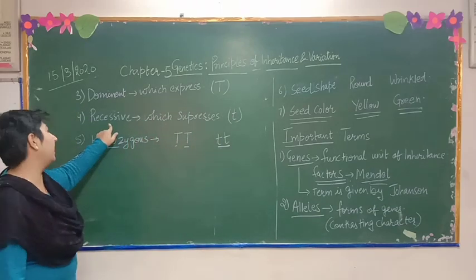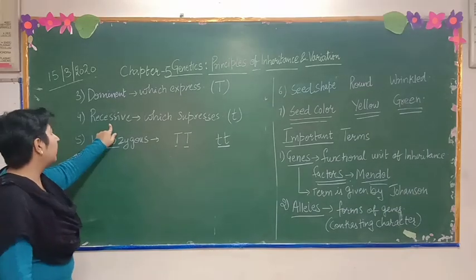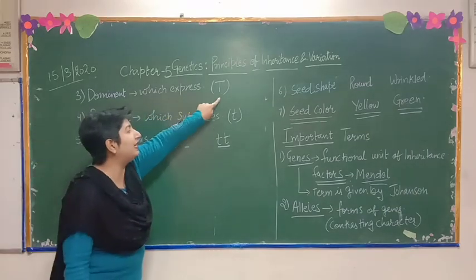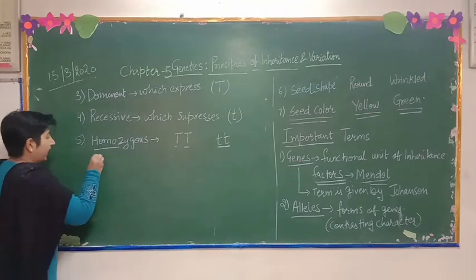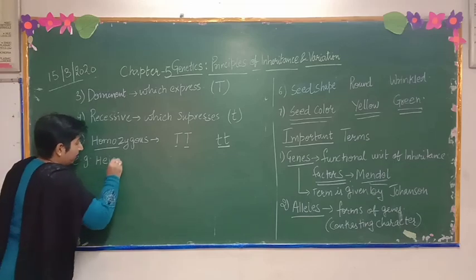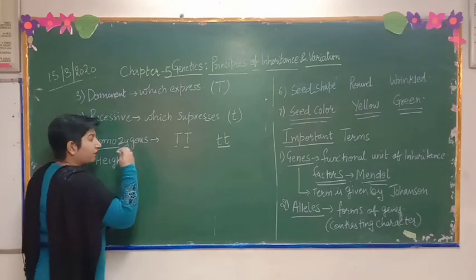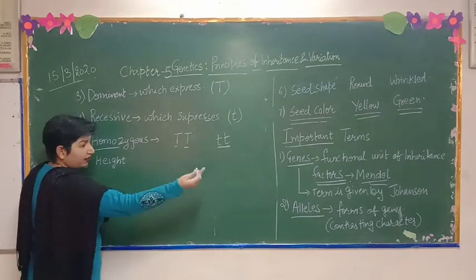But one thing we have to keep in mind when we are labeling these genes is that we use only a single letter for one character. Suppose we are taking height as an example. For height we have two contrasting character features: one is tall and the other is dwarf.